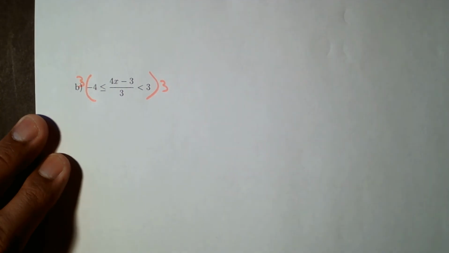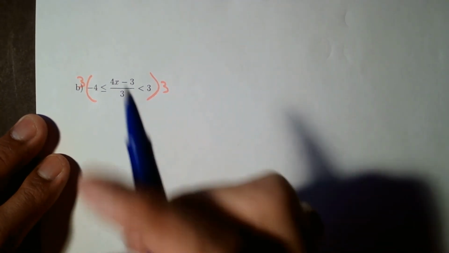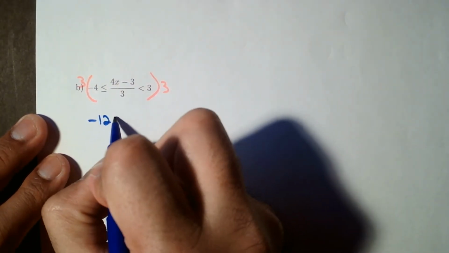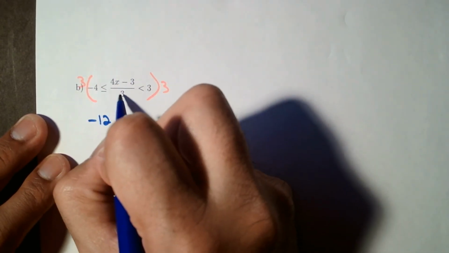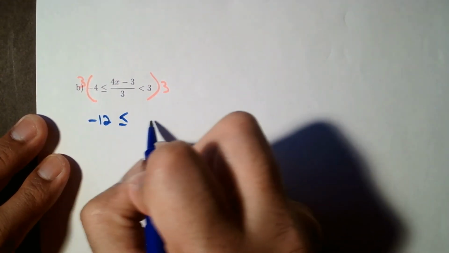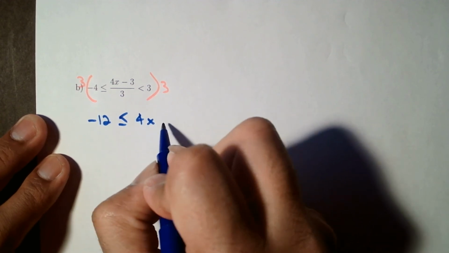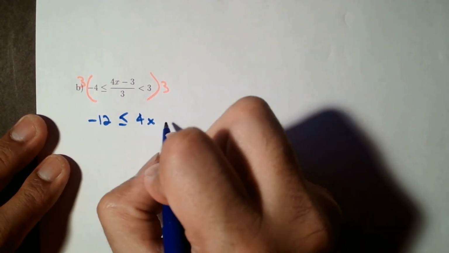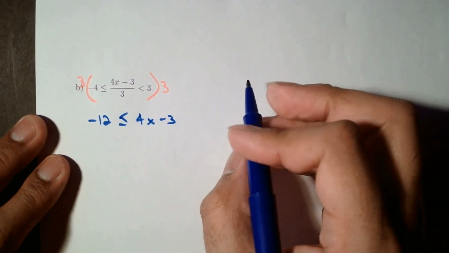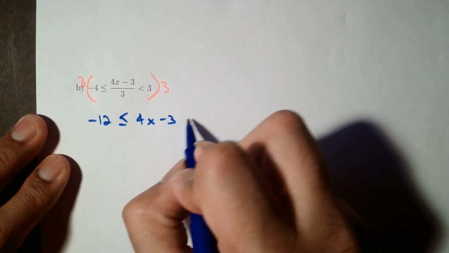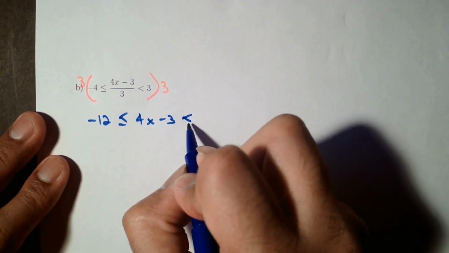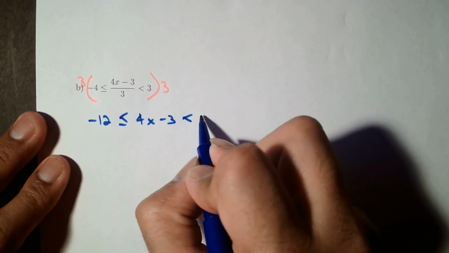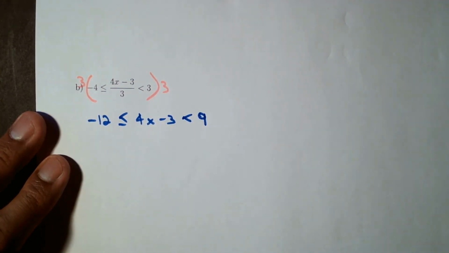So 3 times -4 gives us -12. Then when we multiply in the middle, these 3's are going to cancel. That's going to give us simply 4x minus 3. And 3 times 3 equals 9.